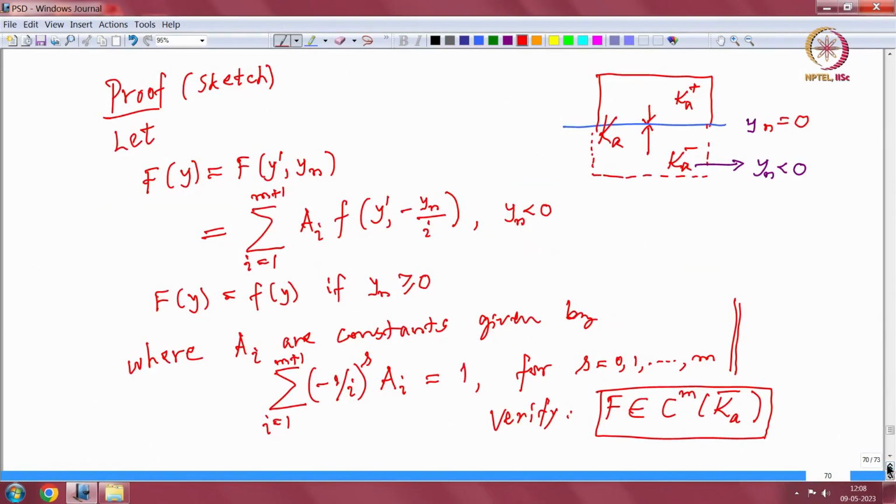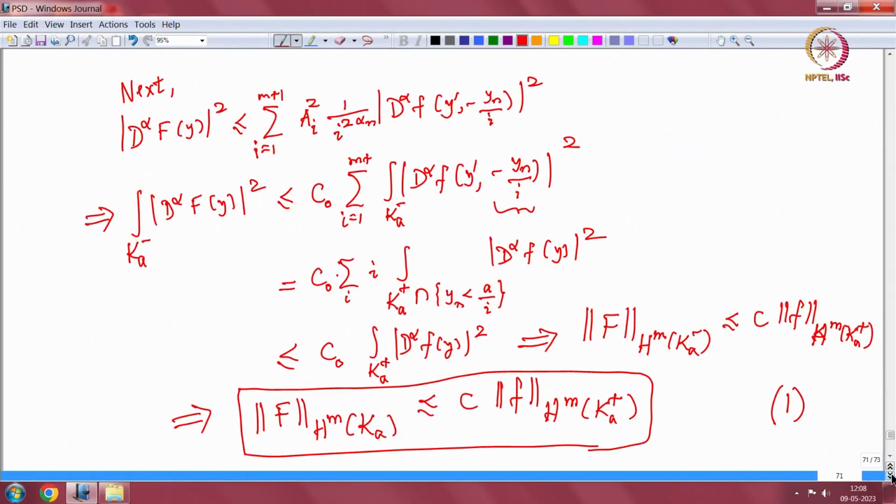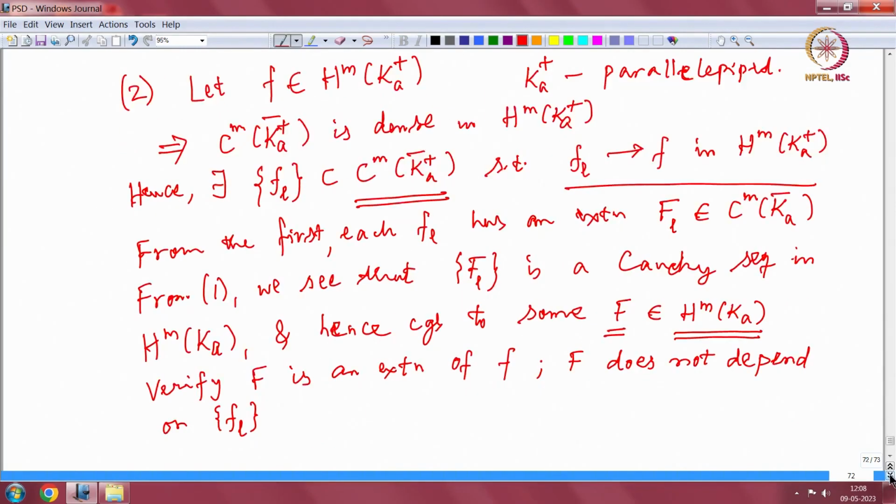Okay. And we can now pass to the limit in 1 using any sequence. So, let me also write that, and further F satisfies 1. So, that is important for us. Satisfies 1. Okay.